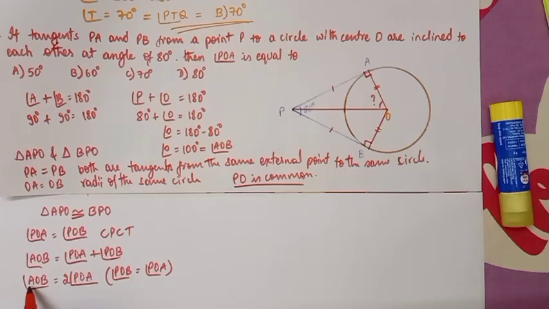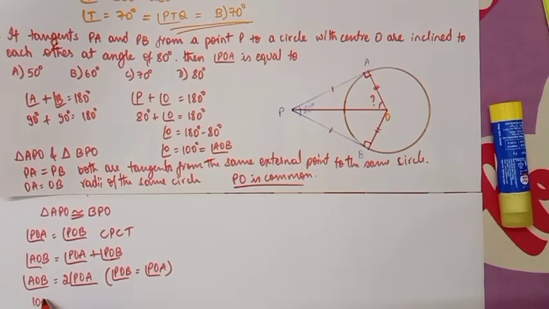So AOB is equal to 100 degree is equal to 2 POA. So 100 degree by 2 is equal to POA. So 50 degree is equal to angle POA. This completes. That means option A, 50 degree is your answer.